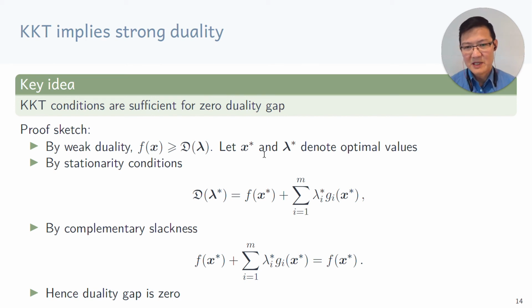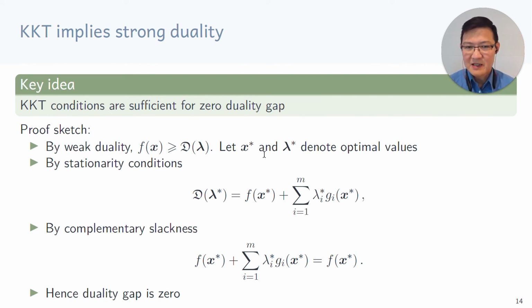Okay, so we always have that condition that f is greater than d. We denote here by x star and lambda star the optimal values. From the stationarity conditions, we can see that the value of the dual optimization problem d at lambda star can be written out by the Lagrangian at lambda star and x star.